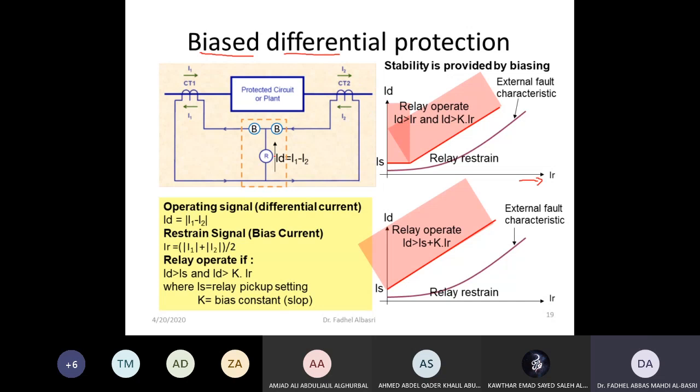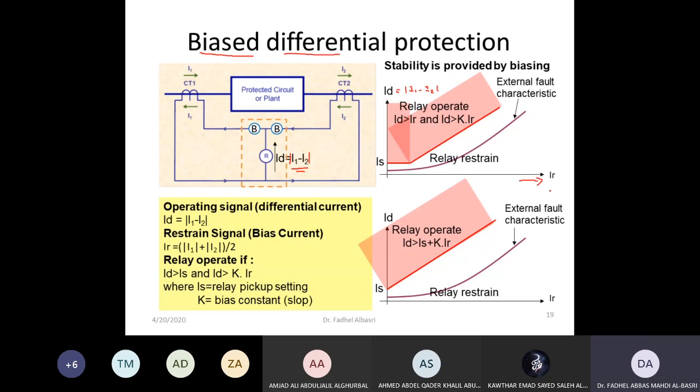The y-axis is the differential current, I1 minus I2, the magnitude of the difference between them.